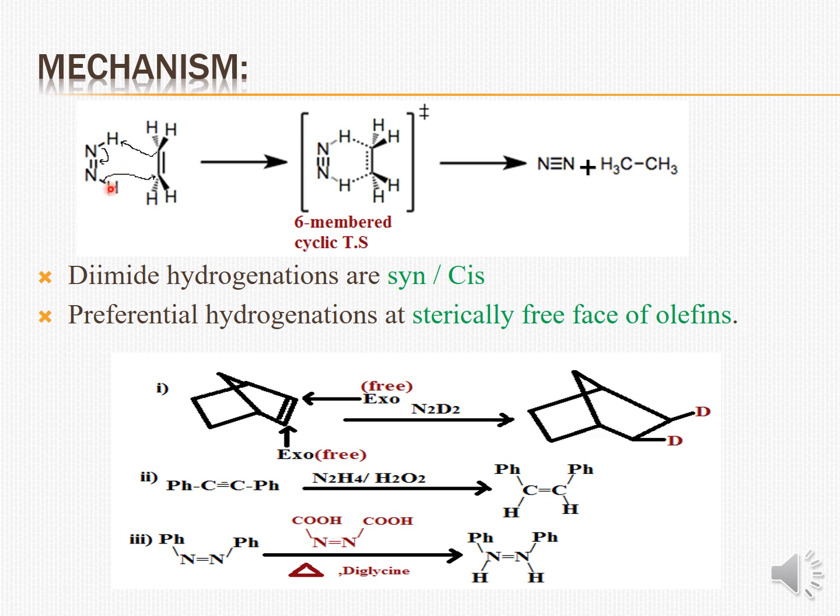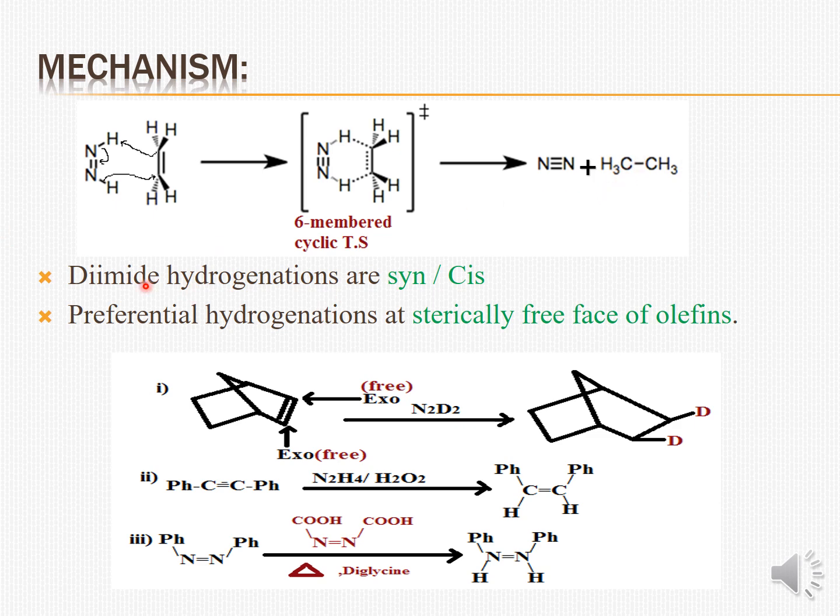That is, you are generating a transition state, a 6-membered cyclic transition state. It is followed by the cleavage of nitrogen with the formation of hydrocarbons. Alright, that is, C2H6 is obtained.